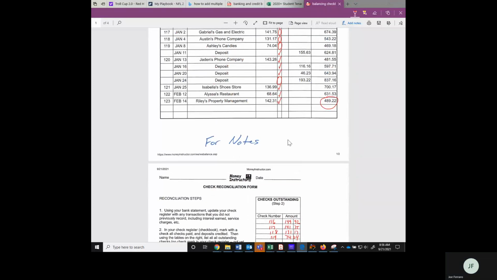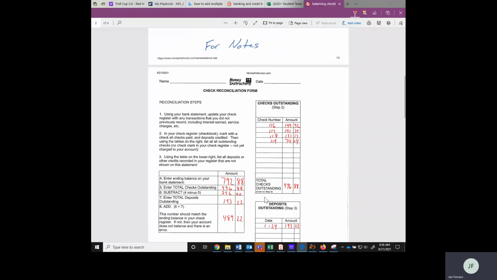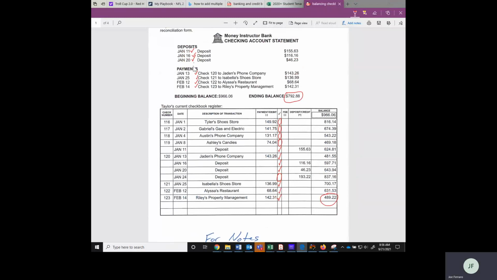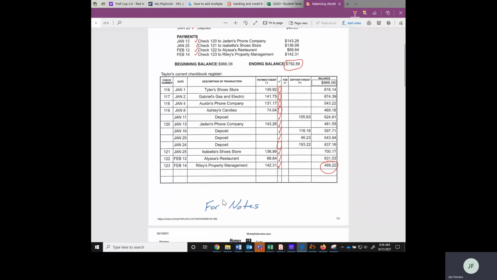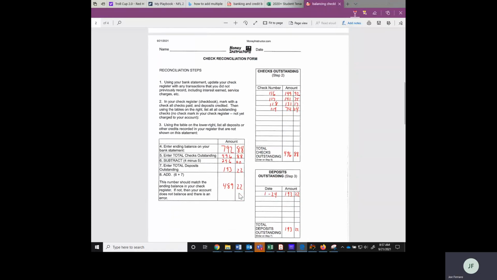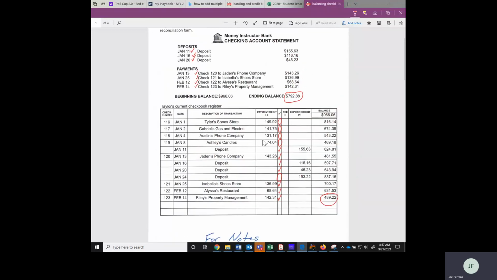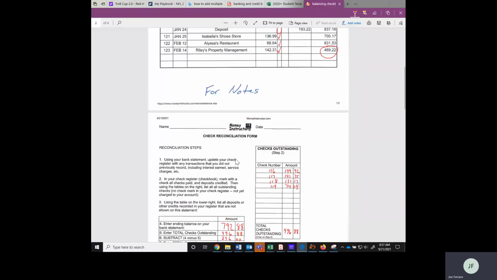If it's not, then what I would check for in real life, like I talked about before, is did you make a debit card purchase or an ATM withdrawal that was up here, but you didn't check down here? Also look for how much difference it is to see if you're just missing something, or if you added wrong. There are some different ways that we can talk about on how to find the error. But for now, that should balance out. This number should equal this number.